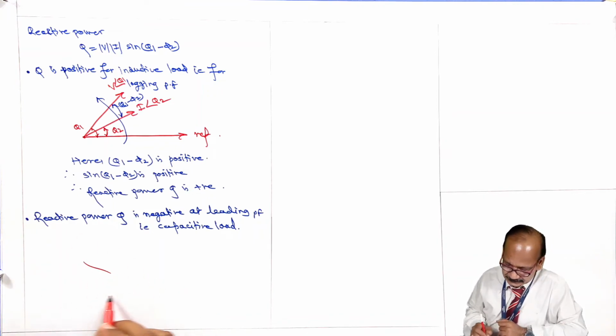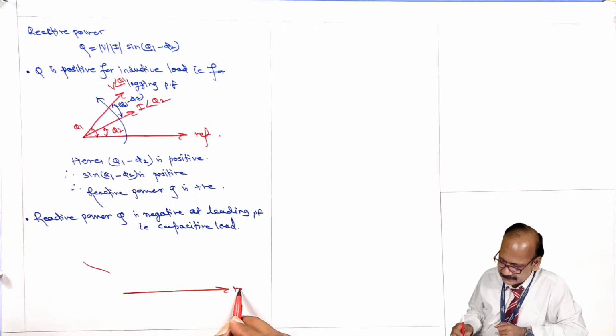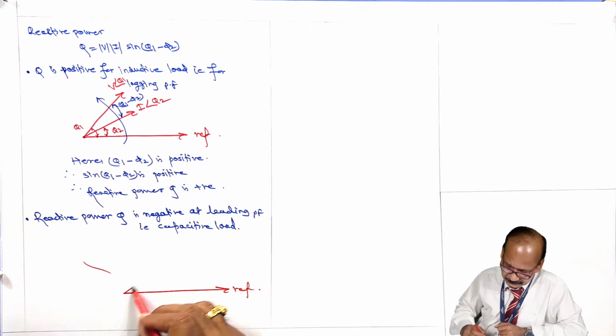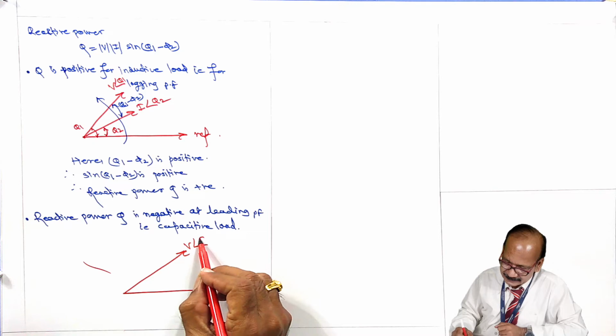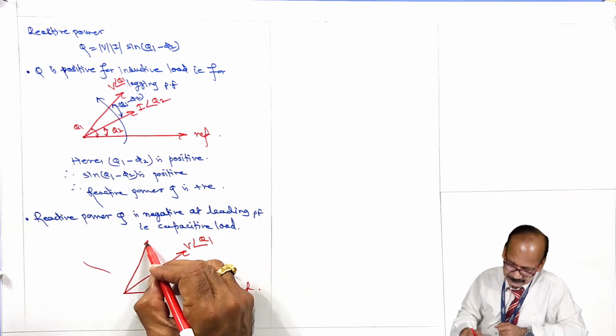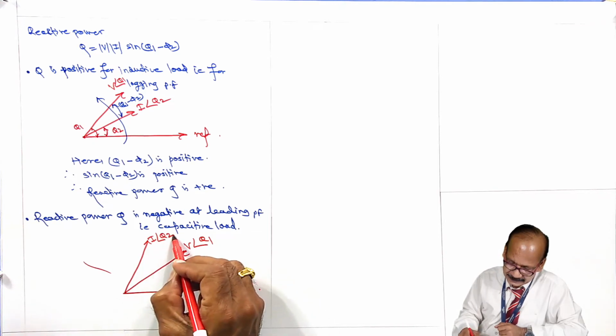Say this is a reference phi angle theta 1, I angle theta 2.